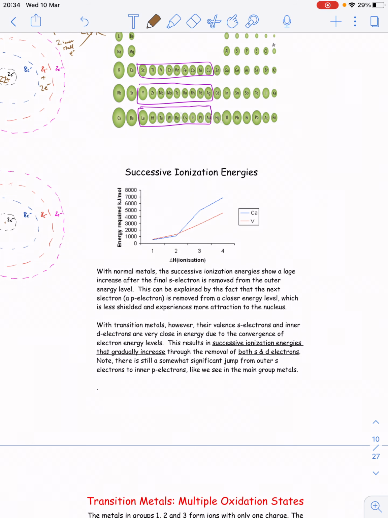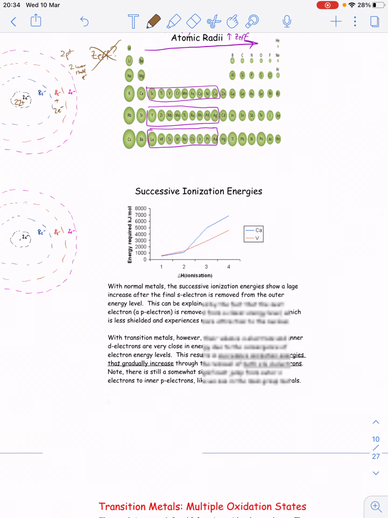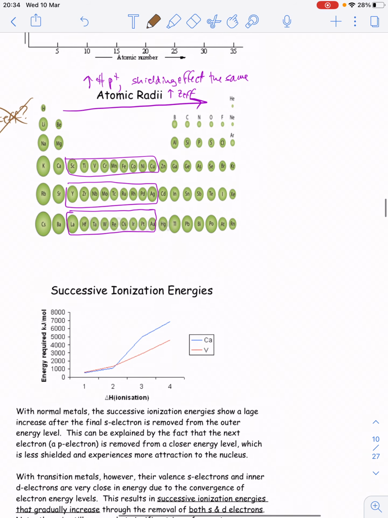And I believe we talked about this way back in the atomic structure unit, but similarly, as we remove electrons from transition metals, we see that there is a very gradual difference in the amount of energy it takes to remove electrons from transition metals, unlike s and p block metals. So normally, in this topic, you talk about something.